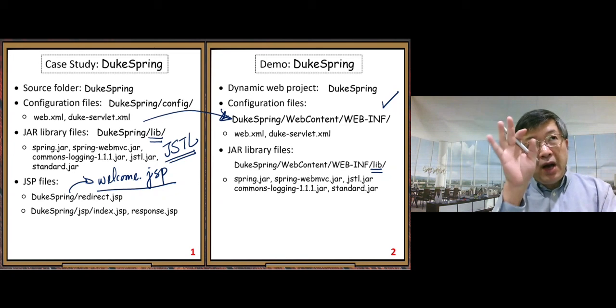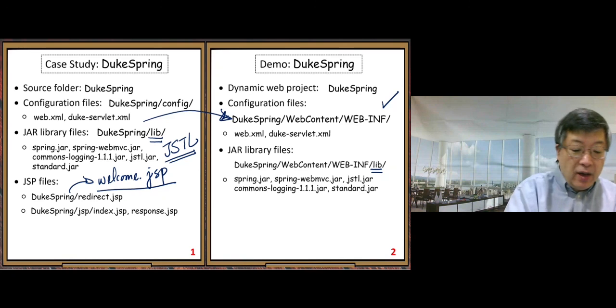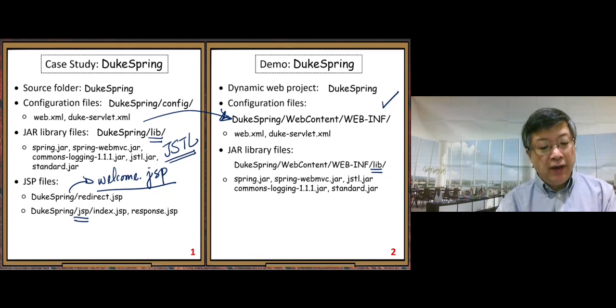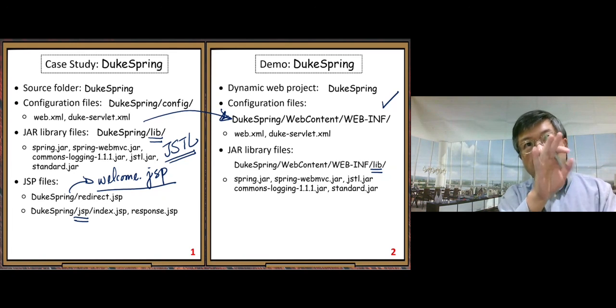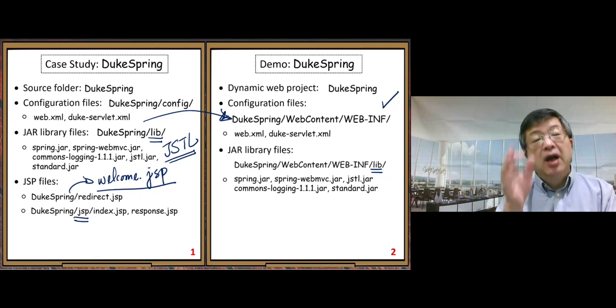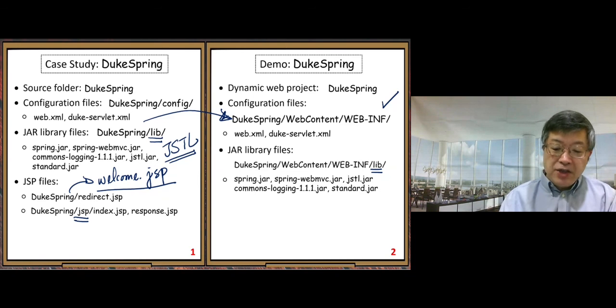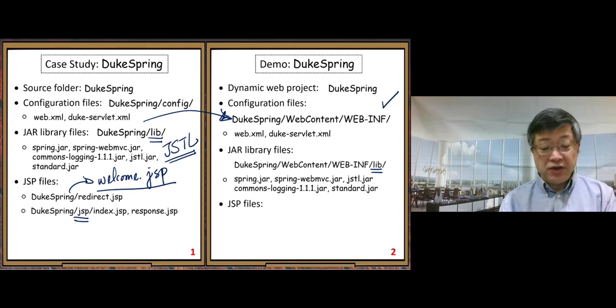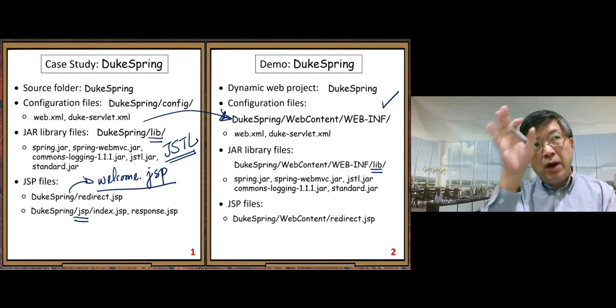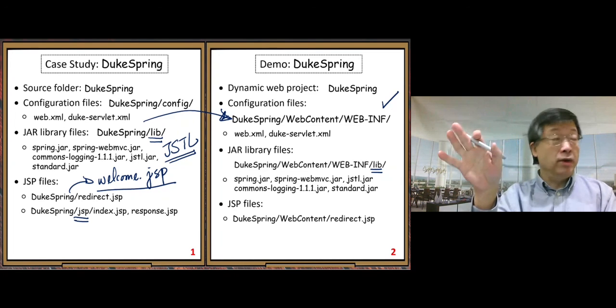Then the 2 other JSP files I put in the JSP folder inside Duke Spring. The welcome file is directly under the Duke Spring folder. So when you make copies, they go to different locations. On the right-hand side, for the JSP locations, you drag and drop the redirect file under the web content node.